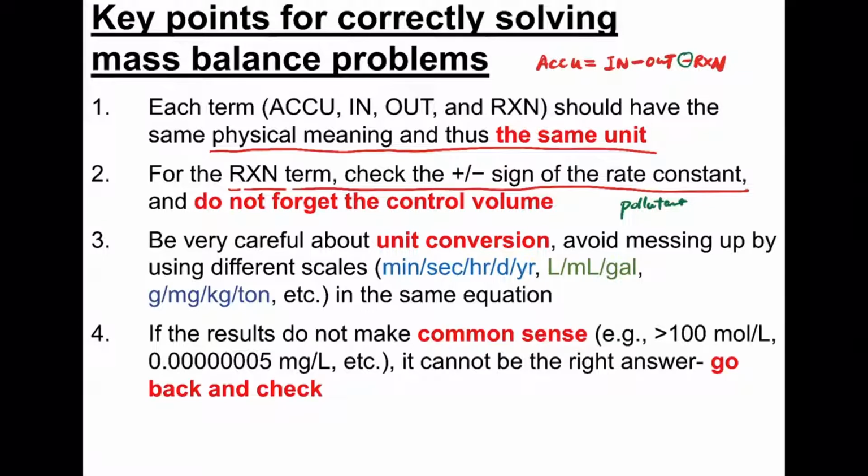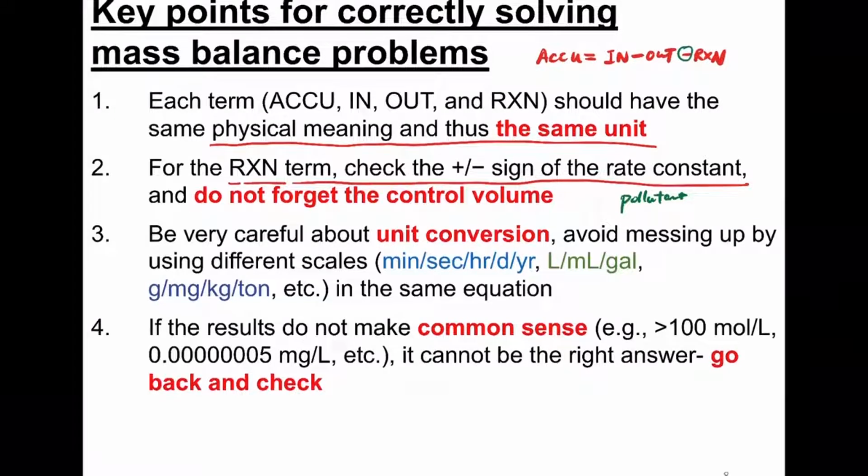We're not producing more water pollutants into the wastewater. We also need to be very careful with the unit conversion, right? There are so many different types of units for time, for volume, for flow rate, for mass. So we should use the same units when we plug into the equation.